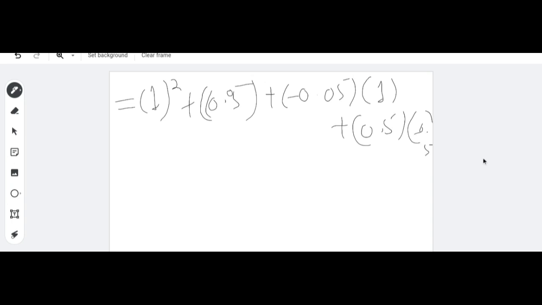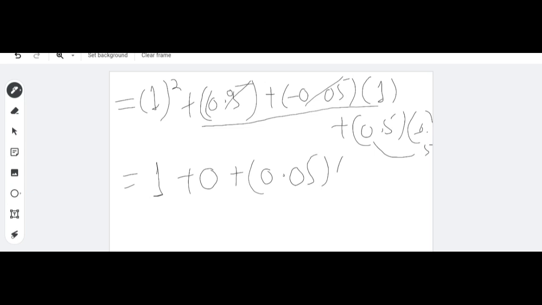Okay, capture. Then this whole term will become 0 because of the negative sign. 0 plus we have to multiply these two, like 0.05 multiplying with 0.05, then 1 here, and after multiplying these two, what will be the answer?